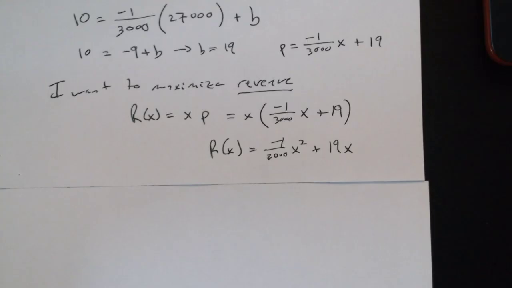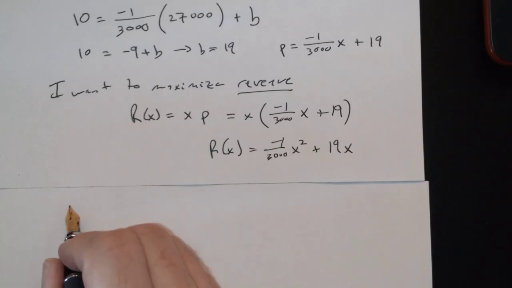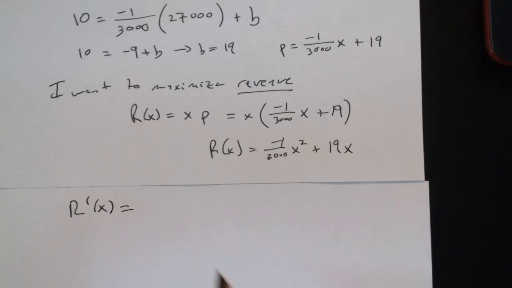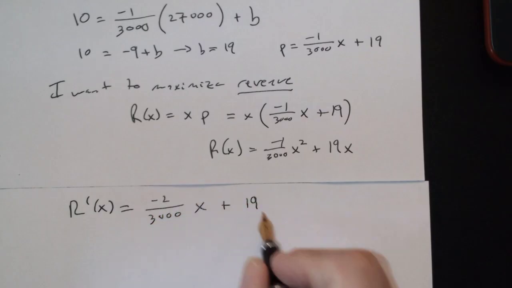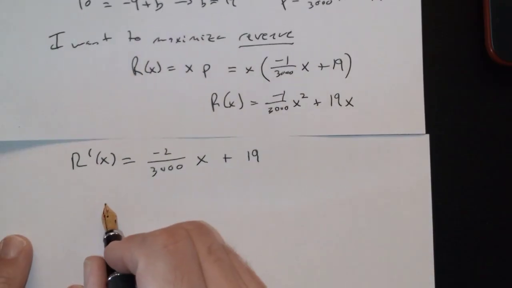When I solve this, I'm going to get X values that are critical numbers. I'm then going to have to figure out the price based off of that quantity sold. My derivative is a line, polynomial, that's defined everywhere. I just need to know where it's equal to 0 to find the critical number.